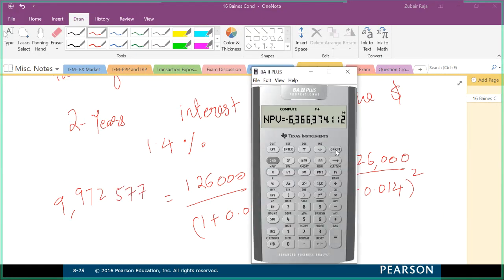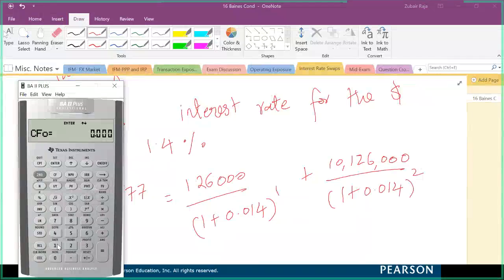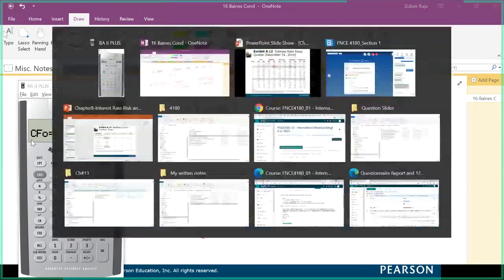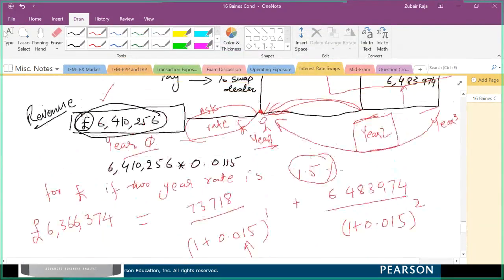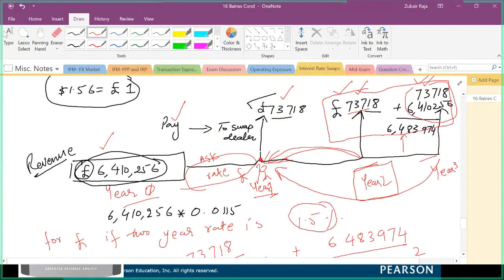We can double check again over here. Go into the second cash flow, second clear. You need to clear it, right? Now this is the amount which you will be receiving. So a positive value will be attached to it. What is CF0? CF0 is the payment over here at the end of the first cash flow. Why?